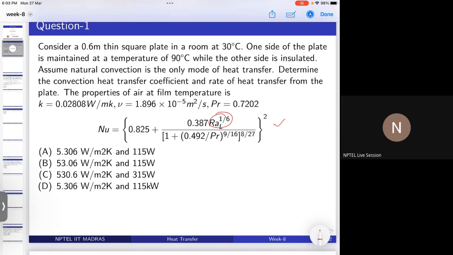I hope you know the expression for Rayleigh number: Grashof number into Prandtl number. So first you have to find the Grashof number, then multiply it with the Prandtl number. I will wait for 5 minutes. I hope you will be able to solve it.